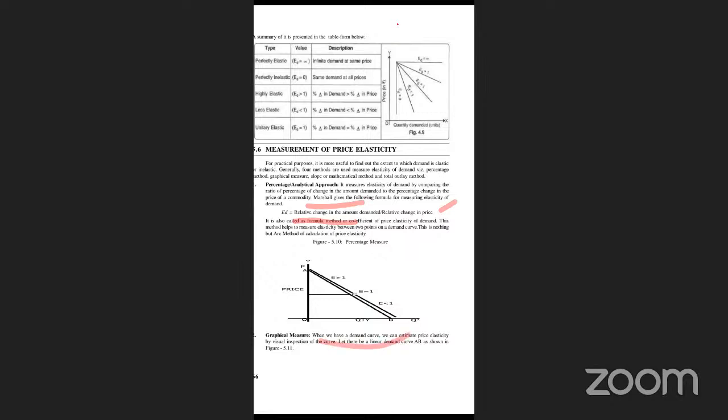Now this again is the graph which shows a percentage measure, quantity on x-axis, again price on the y-axis. For our better understanding, try to confine the quantity and the price to be plotted on x and y axis respectively, because the change may lead to confusion.